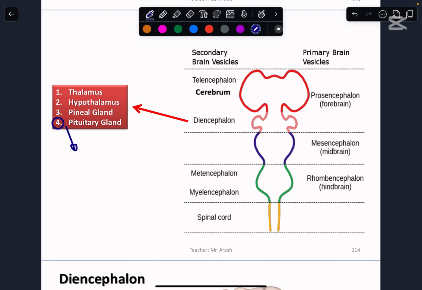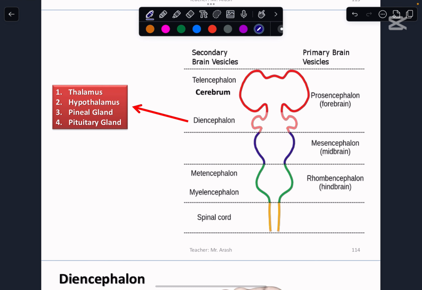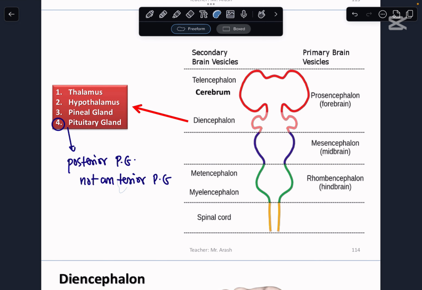So yeah, I should mention that the pituitary gland here is actually posterior, PG for pituitary gland, not anterior, PG. Okay, so the pituitary gland, which we'll finish talking about by the end of the lesson, is divided into two subsections, posterior and anterior.